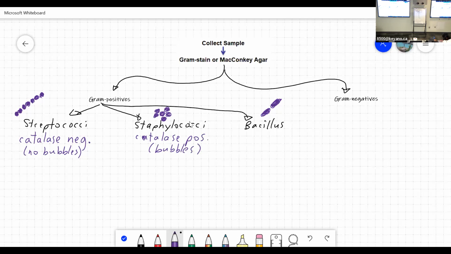Okay, and then what we're going to do with the Streptococci is you can put that on blood agar. And remember, we had the alpha hemolytic. Sorry, let me just, alpha hemolytic.